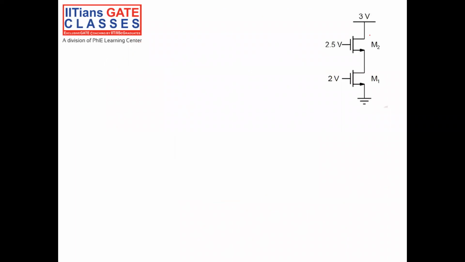Now M2 is in saturation, we know. For M1, how to know? For M1 I know VG1, or VGS1, because the source is grounded, so VGS1 is equal to 2 volt. But I don't know the drain voltage, VDS1.